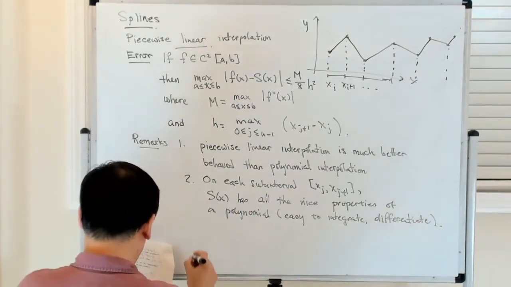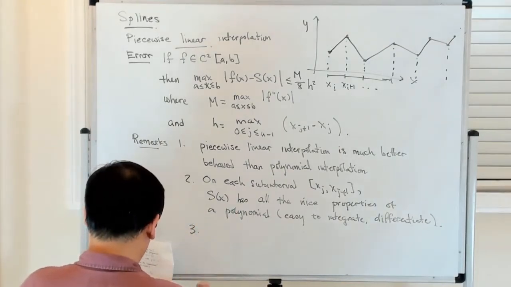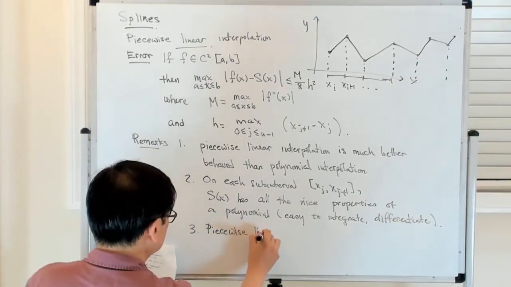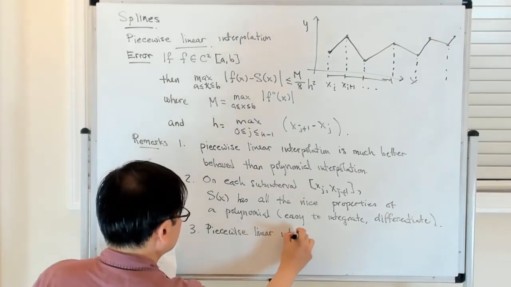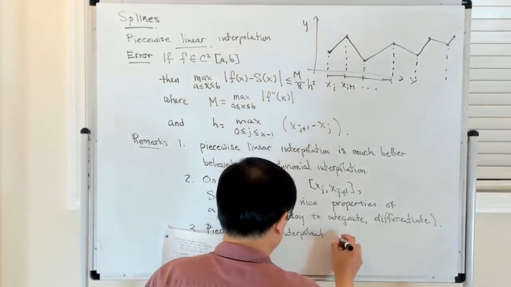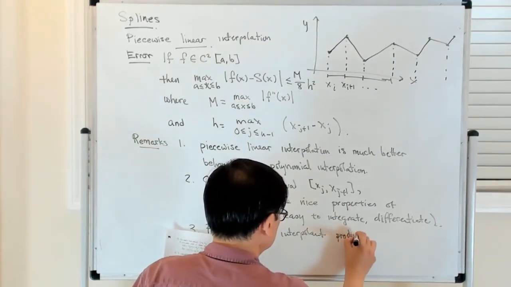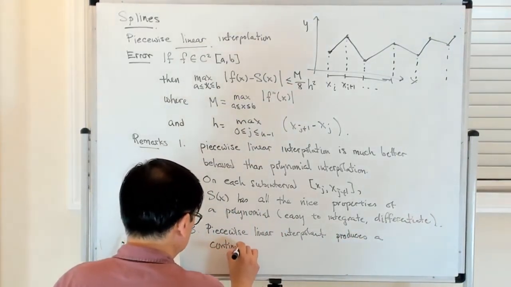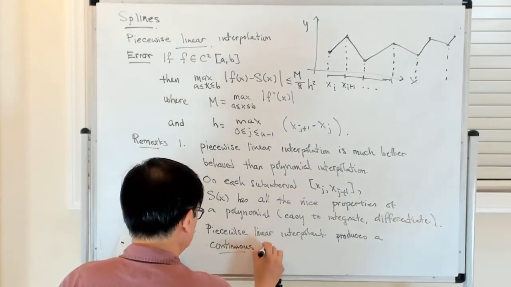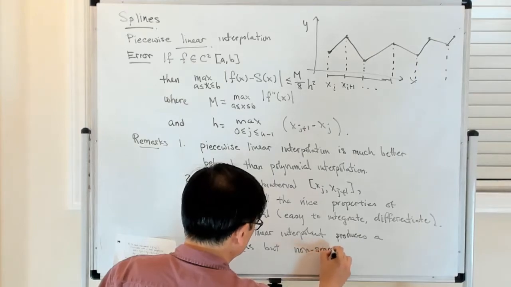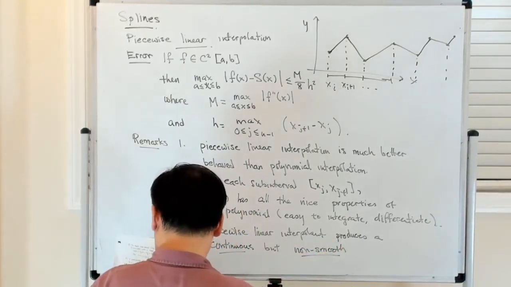And the third is that the piecewise linear interpolant produces a continuous but non-smooth representation of f.